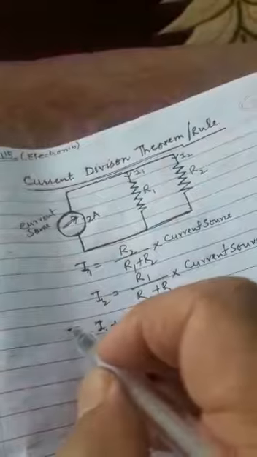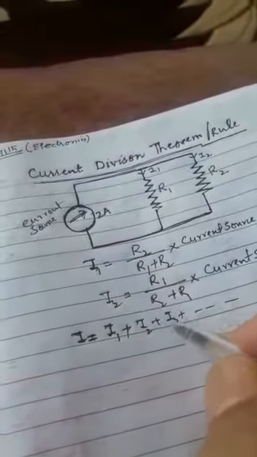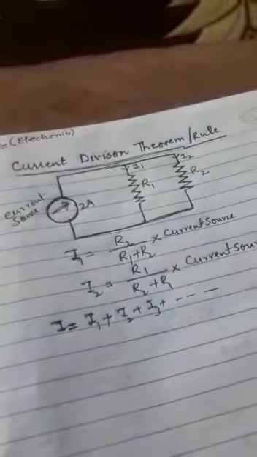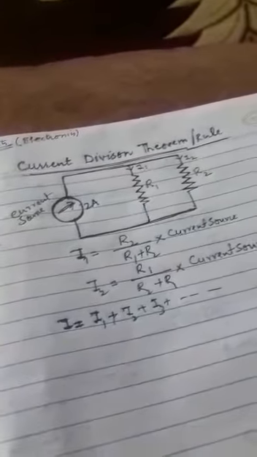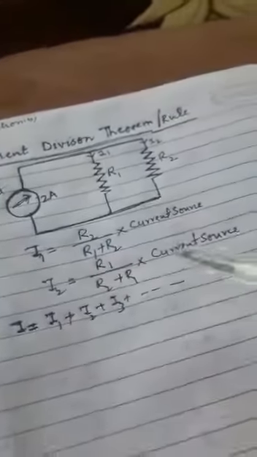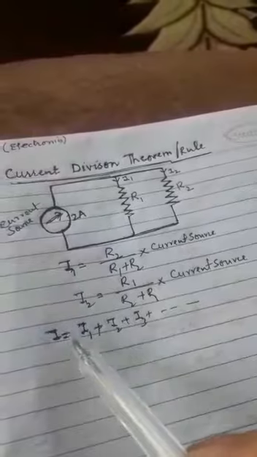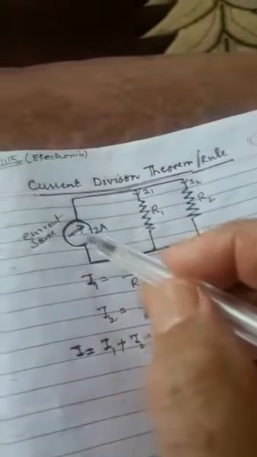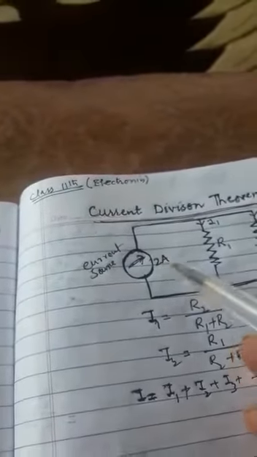The formula is I is equal to I1 plus I2 plus I3, which we use for resistors connected in parallel. So when you get I1 and I2, on adding them that should be equal to I, that is 2 ampere.